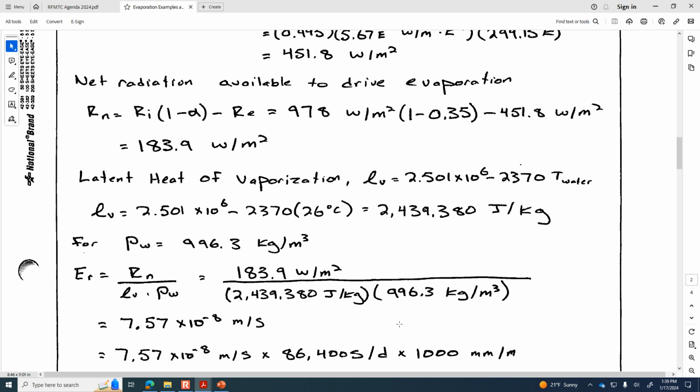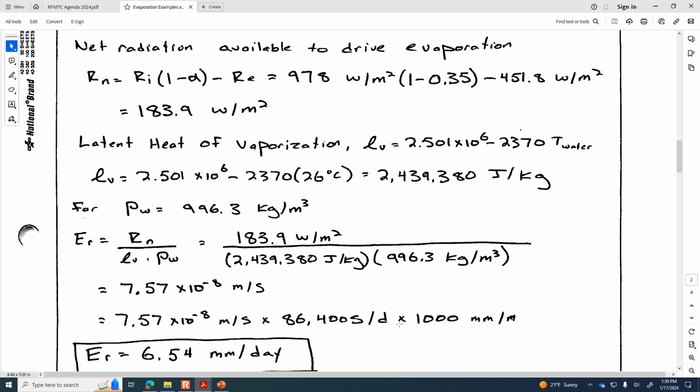That 7.57 times 10 to the minus 8th meters per second of evaporation suggests that if this same intensity occurred over an entire 24-hour period, then there would be 6.54 millimeters per day. This is just an instantaneous evaporation. This is the evaporation rate at this moment in time.